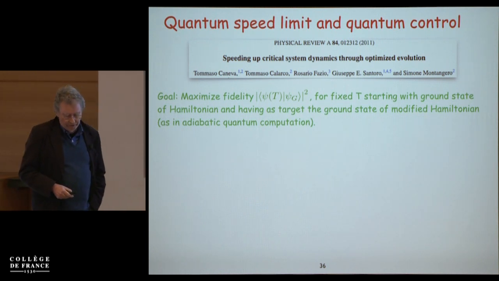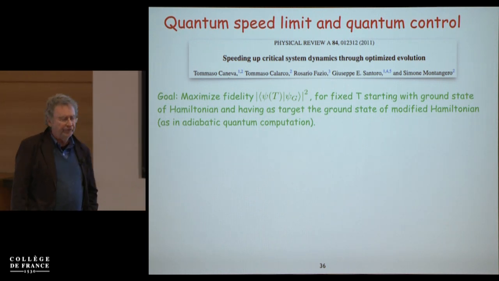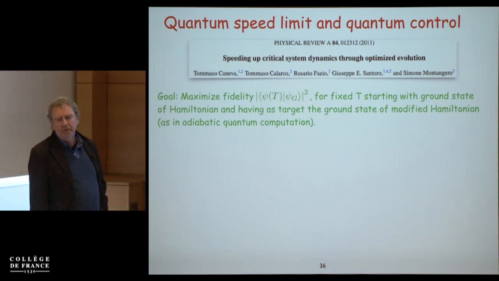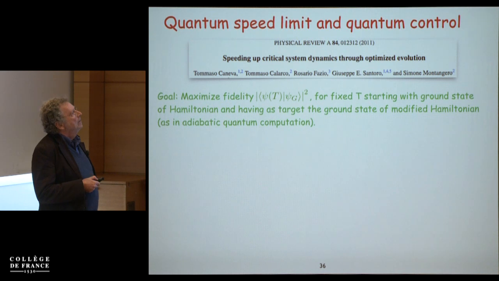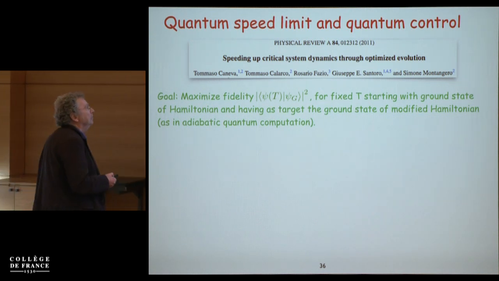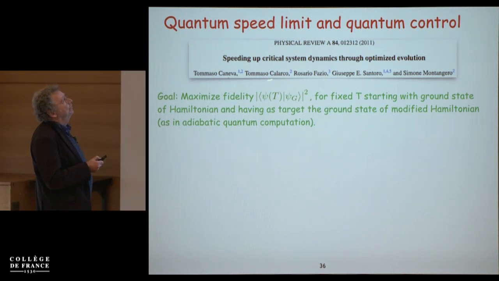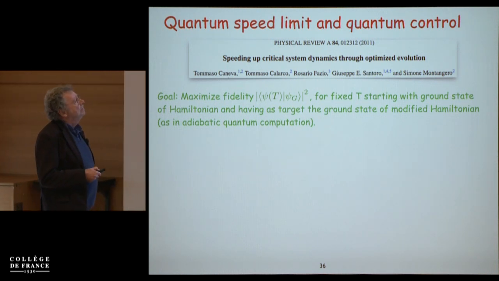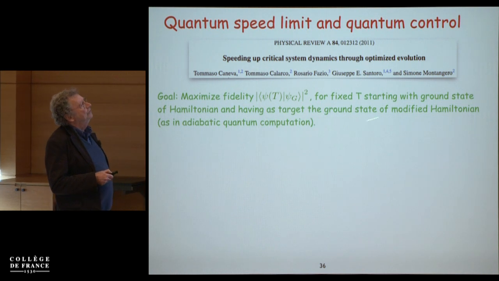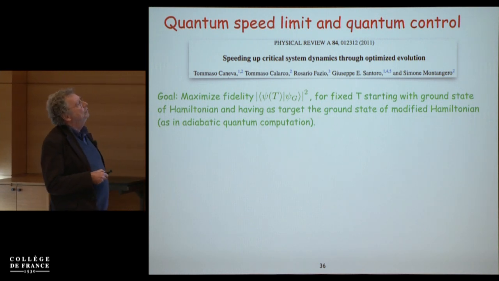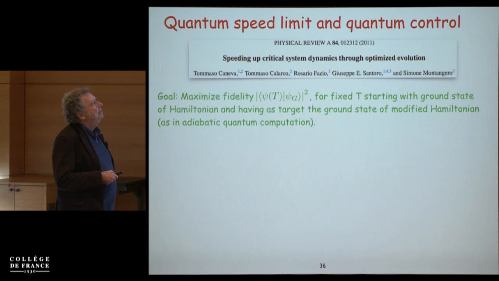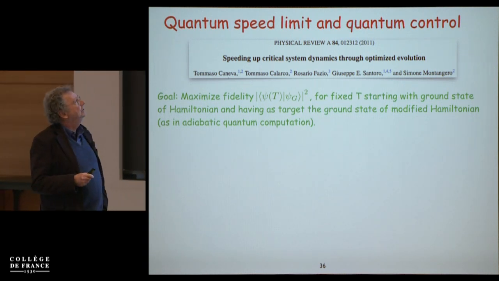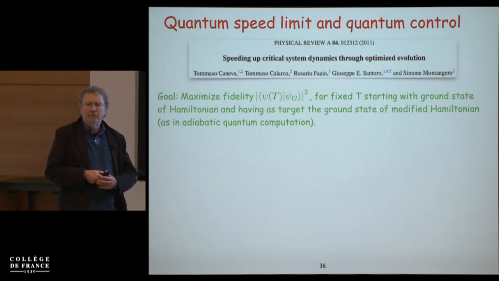So as a final two slides of this presentation, I'm going to show you how these concepts can be applied to quantum control. And I'm going to give you a very simple example, which was discussed in this paper here. The idea is the following. We start with the ground state of some Hamiltonian, and we have as target the ground state of a modified Hamiltonian as in adiabatic quantum computation.